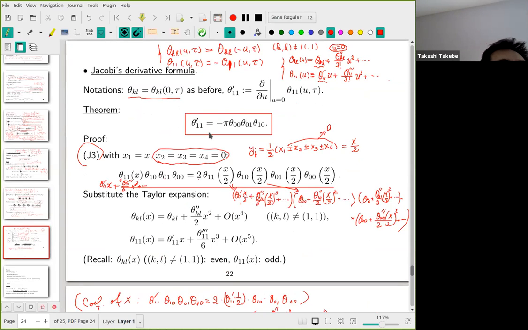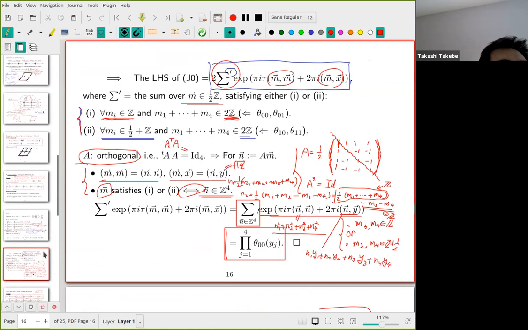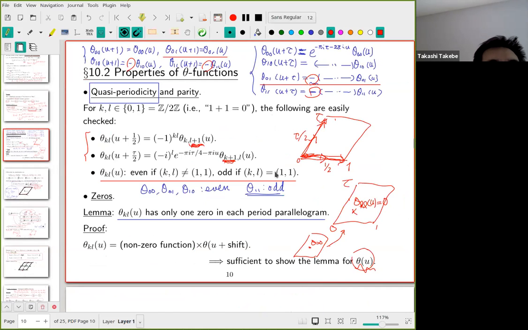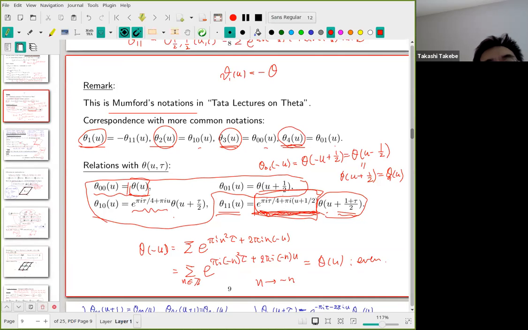As I told you, there are many different notations of theta functions like this, or maybe some theta function is defined by pi or something like this. Or maybe 2 pi, I don't remember exactly.